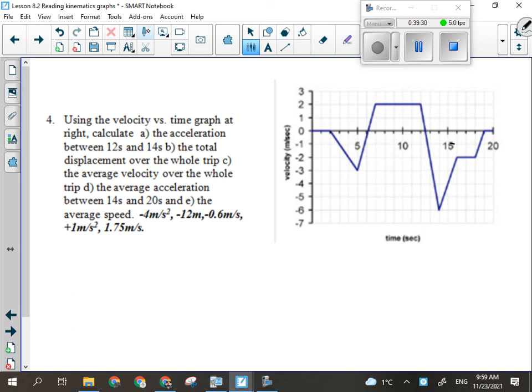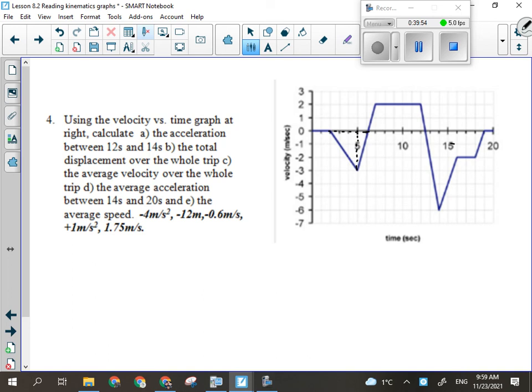I got a whole bunch of shapes that I have to calculate the area of. Okay, remember, displacement on a velocity versus time graph is the area between the line and the x-axis. So we would be looking at these two triangles here.